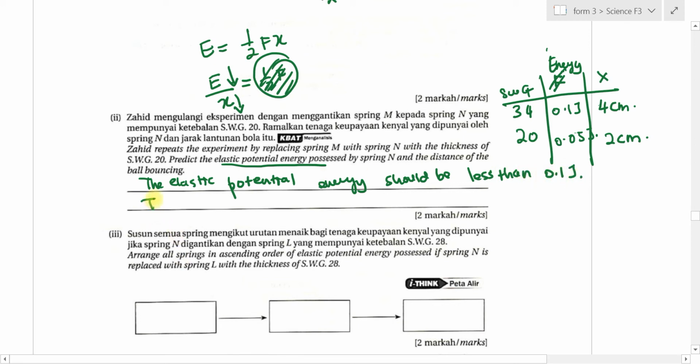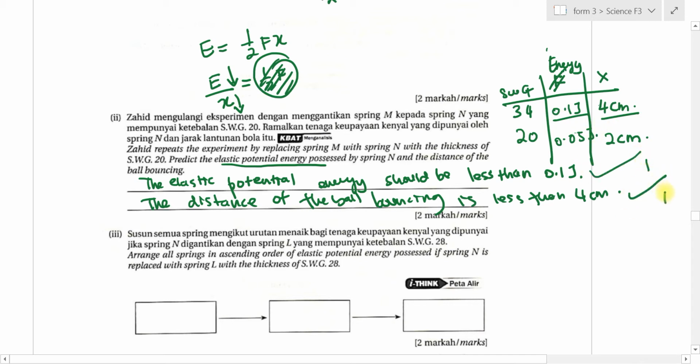And on the other hand, the distance of the ball bouncing is less than 4 centimeter. It must be less than these two values. 1 mark, this one 1 mark. Please write whatever necessary for you. I'll wait for you. Once done, tell me done.